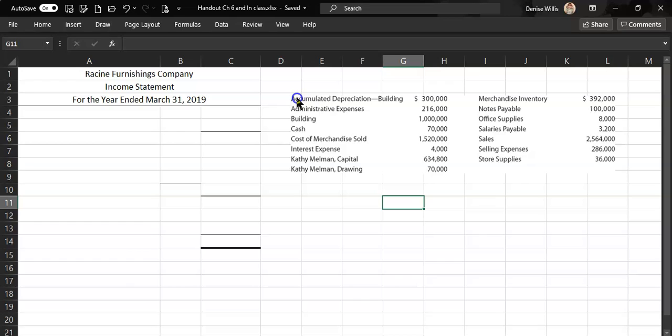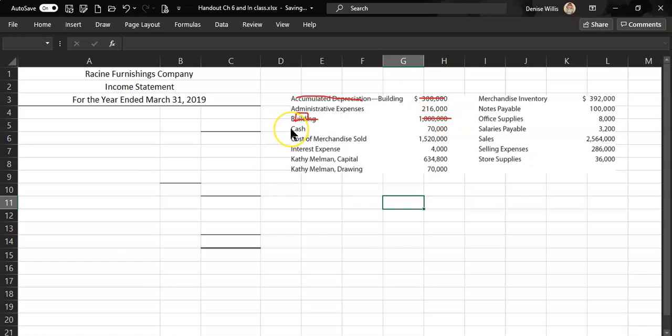So you do not need this information. Kind of a bad job of crossing it out, but you don't need that for our income statement. Administrative expenses, you will need that. Anything with the term expense is most likely going to be used here, unless it says it's a prepaid expense. In that case, it's an asset. Building, we just said the building is going to go on the balance sheet. We don't need that.